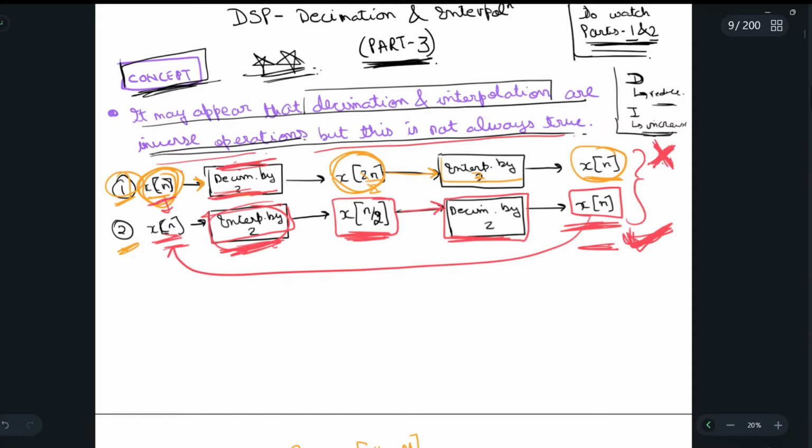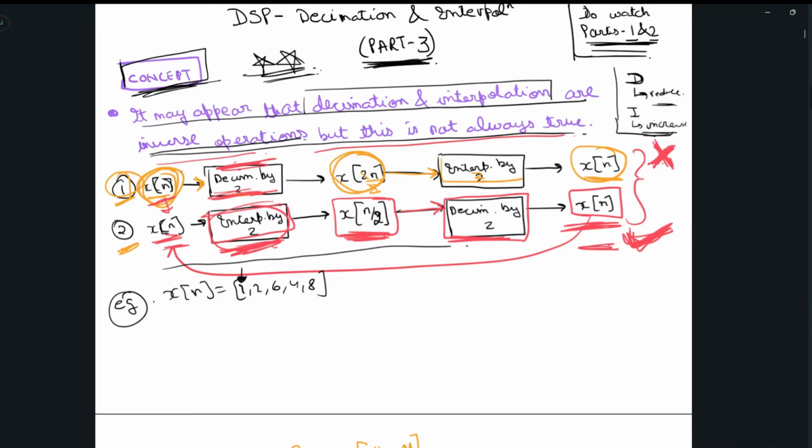If you were still unable to understand this, I am again going to explain it with an example. Now suppose I have a signal x(n) which is given by 1, 2, 6, 4 and 8, and the pointer is pointing at 1. The pointer's position is very important if you have to perform decimation and interpolation. So let us perform case number 1, where we are going to decimate it by 2. How do you represent decimation?